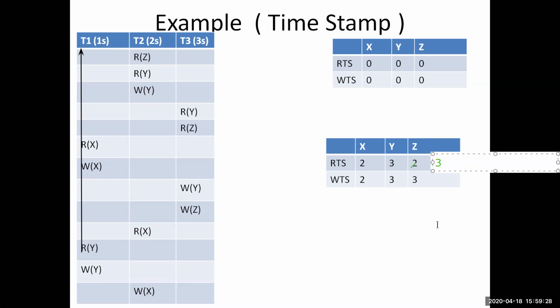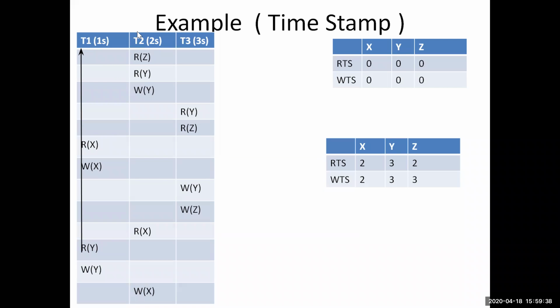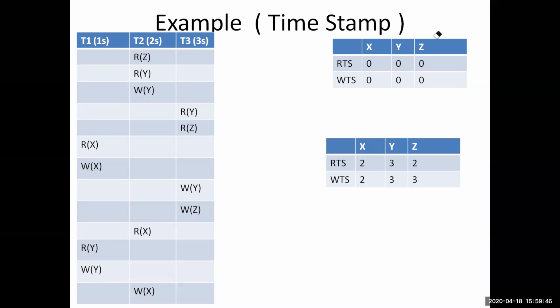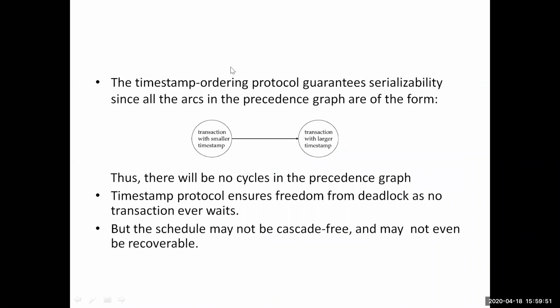So likewise, we will perform all the problems based on this timestamp. We just have to solve the problem depending on the rules. We just have to check for the existence of particular rules. So what does this timestamp protocol say? The timestamp ordering protocol guarantees serializability since all the arcs in the precedence graph are of the form: the transaction with the smaller timestamp will execute first, then control will go to the transaction with the larger timestamp.